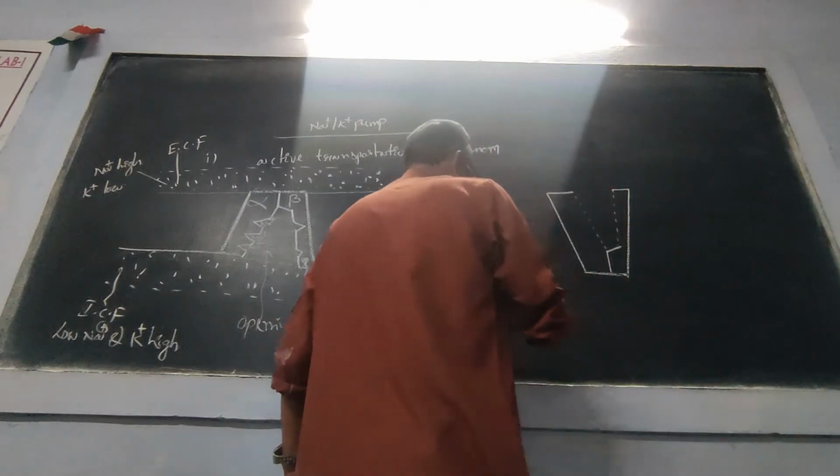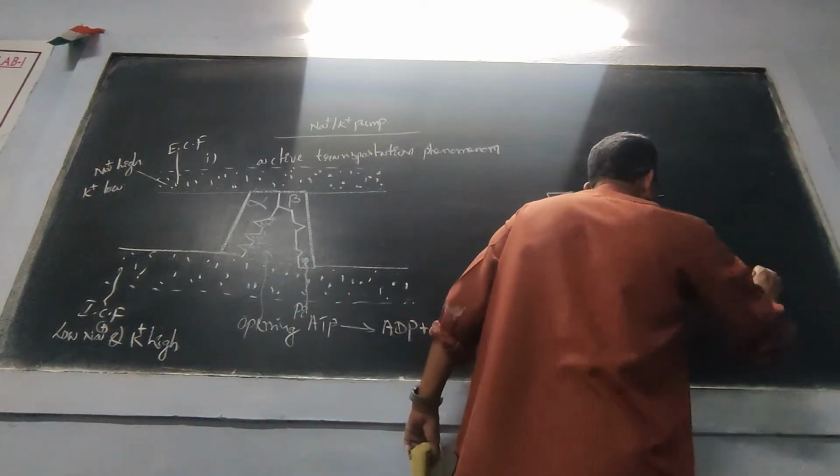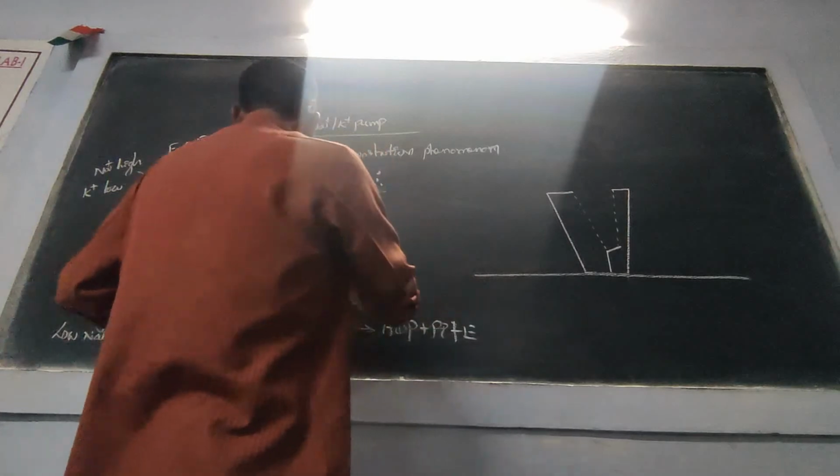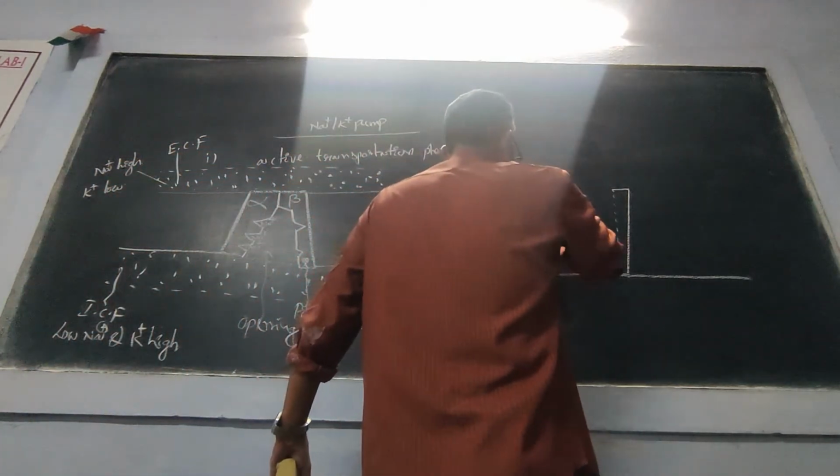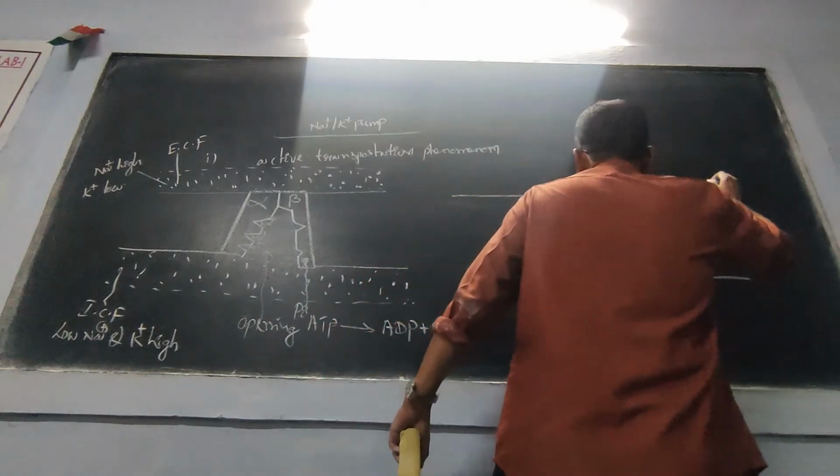Like now here, the cell membrane, because it is a closed one, you can draw directly straight. Here it must be open, so that's why you will draw.